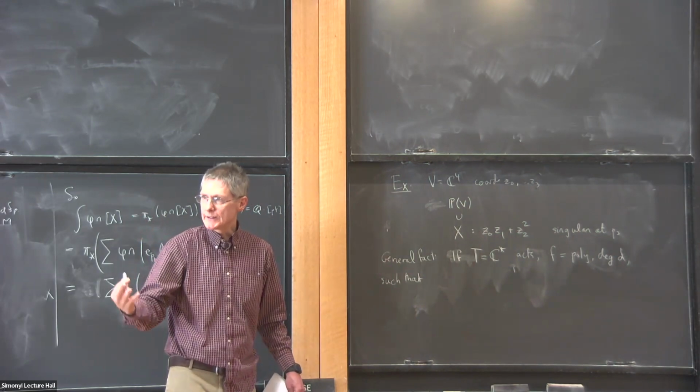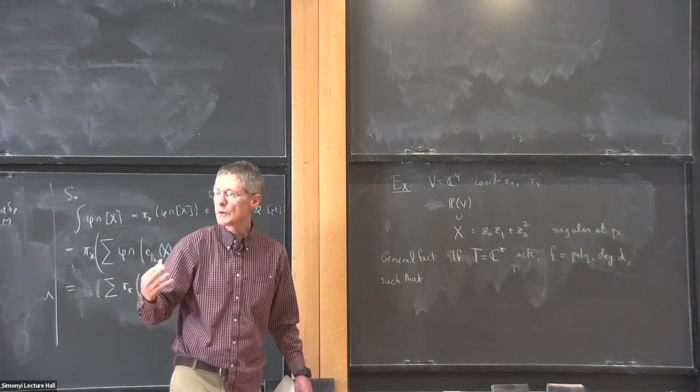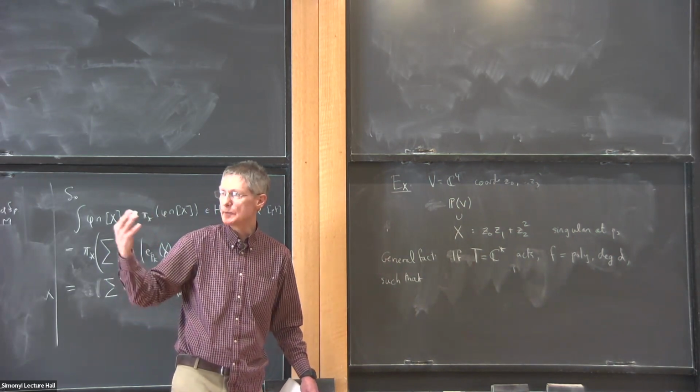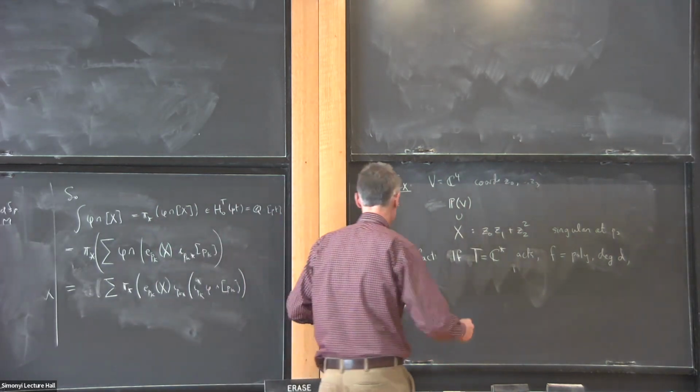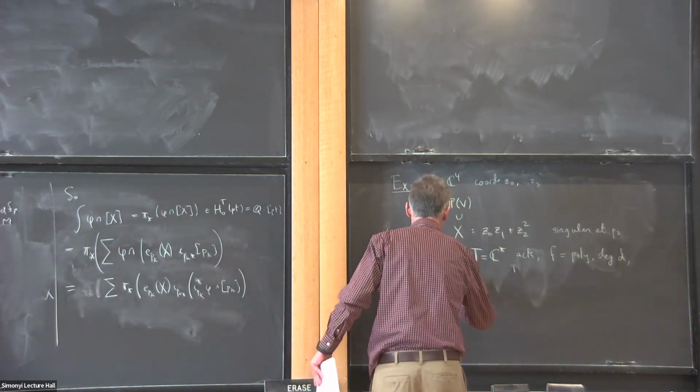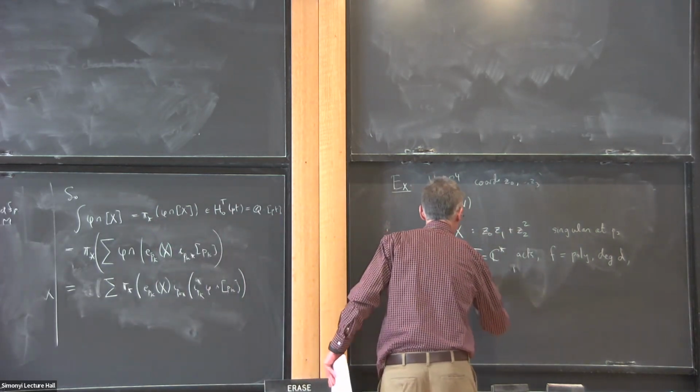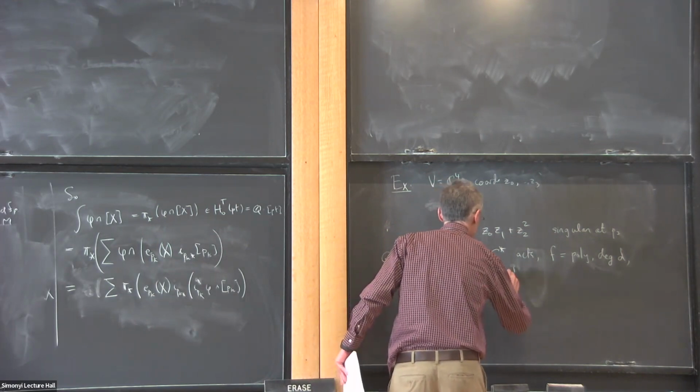I want to say that F is a T weight vector with weight c, where c is some scalar weight.